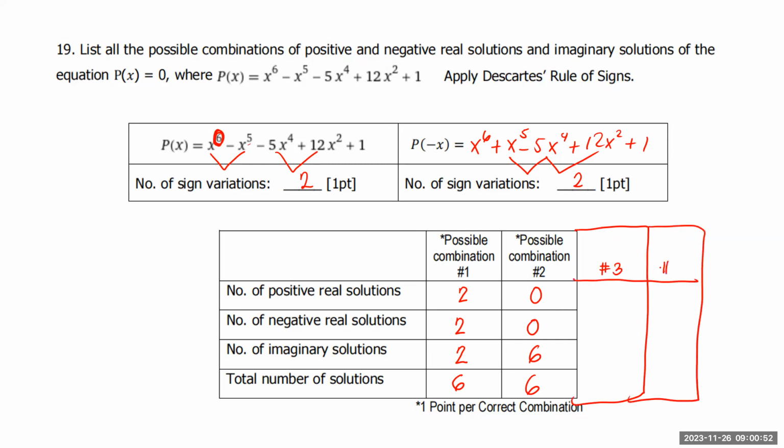What are the other two possible combinations? Let me write 6 and 6 here. If this is 0, this is 2, so this is 4. And if this is 2 and this is 0, this should be 4. So overall there are 4 possible combinations.